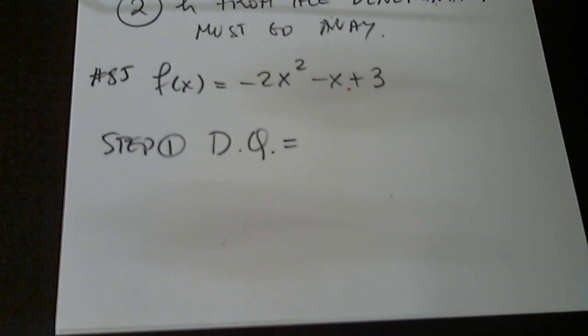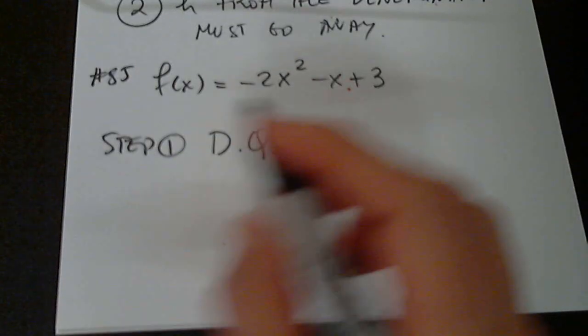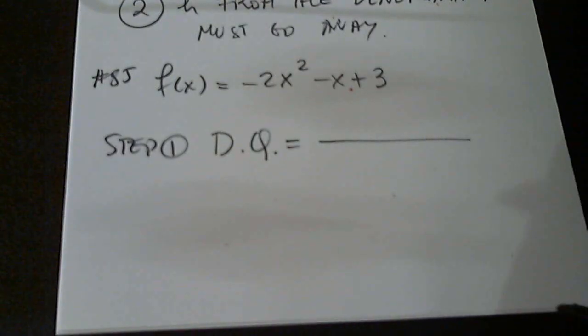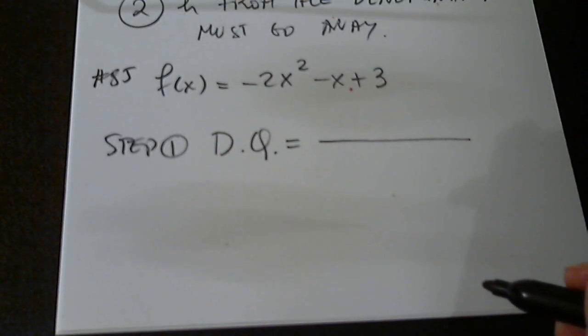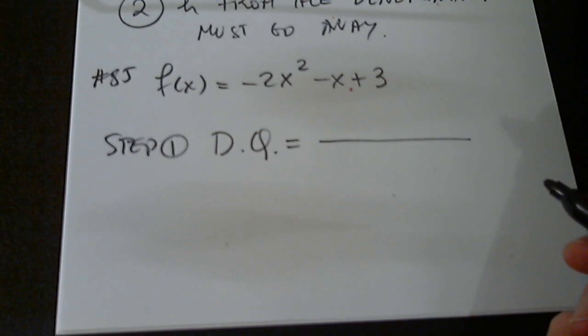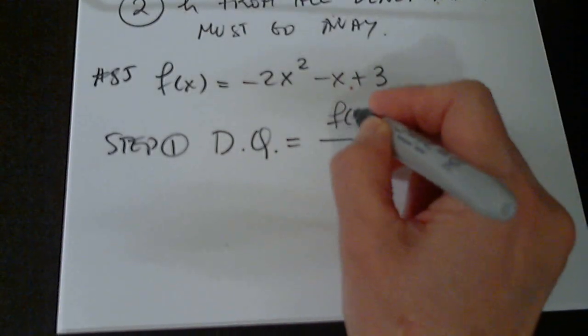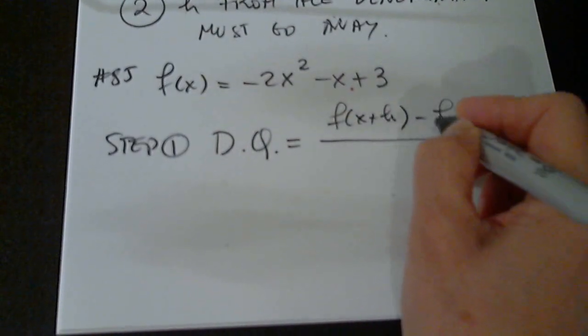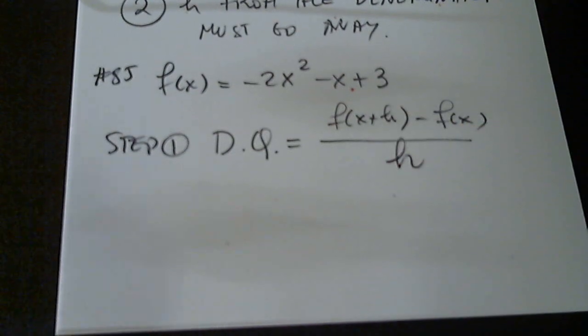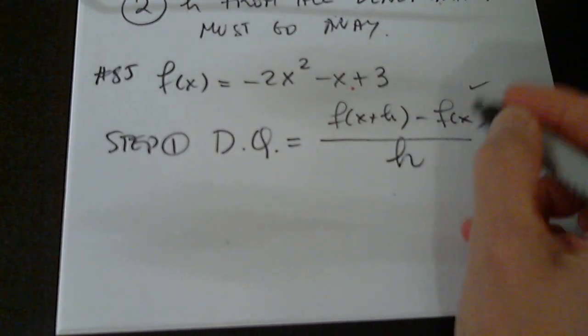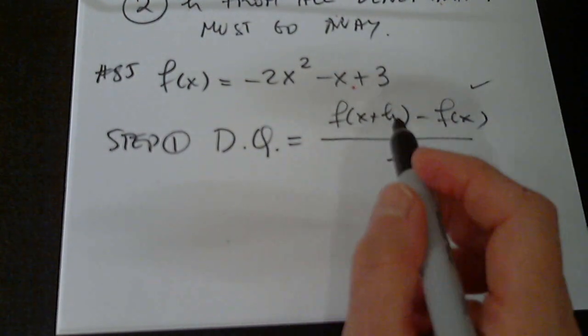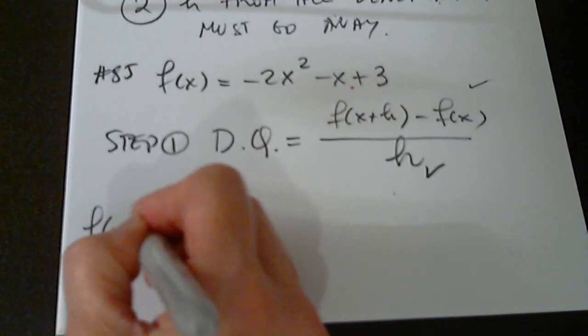I need to see it. Can anyone dictate the formula? Not too difficult to remember, right? F of x plus h minus the function divided by h. This we have, this we have. F of x plus h we do not.